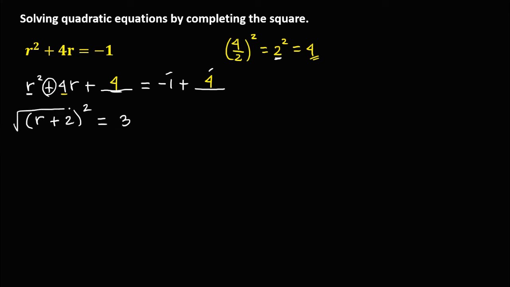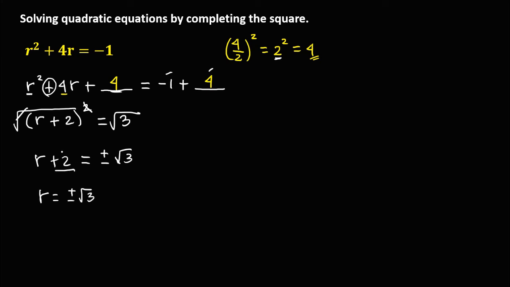Then take the square root of both sides. So cancel, we have now r plus 2 equals positive and negative square root of 3.